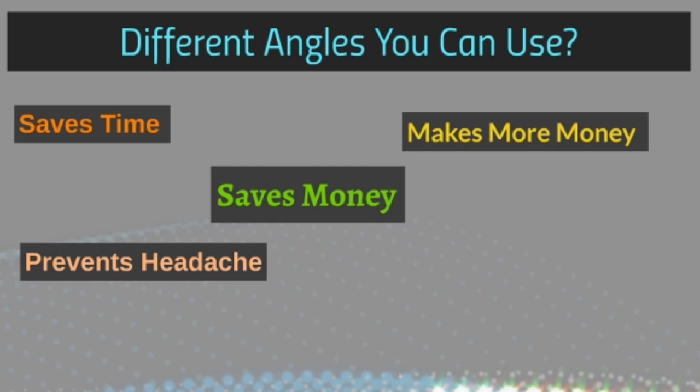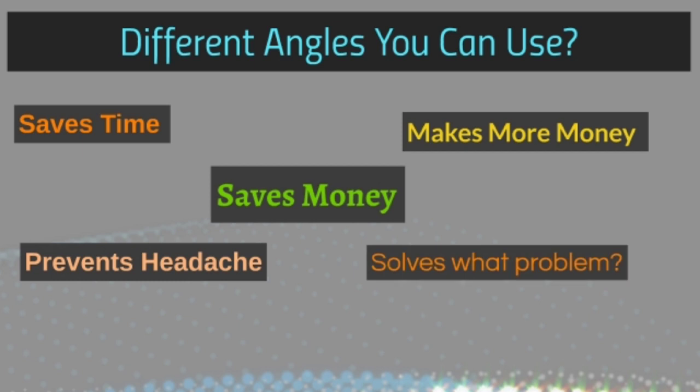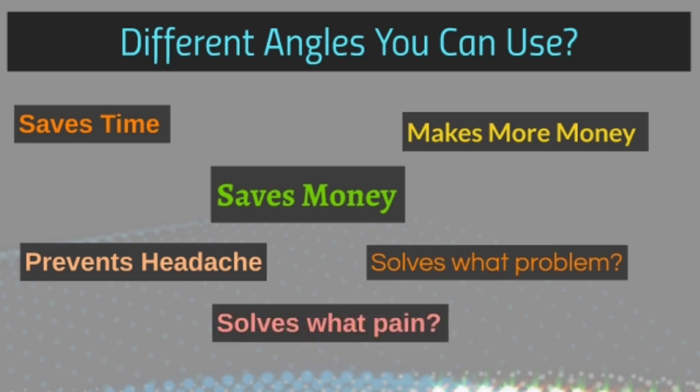It prevents headaches. It solves what problem? And it solves what pain. So obviously you can get into a lot more depth within your product or service, depending on what you're trying to sell, what you're trying to get them to take action with, and you can apply that to your company.